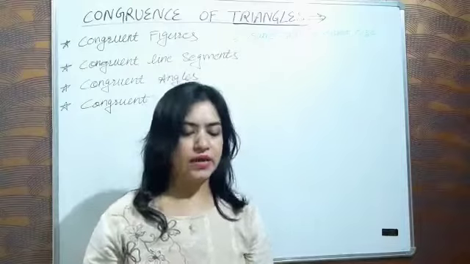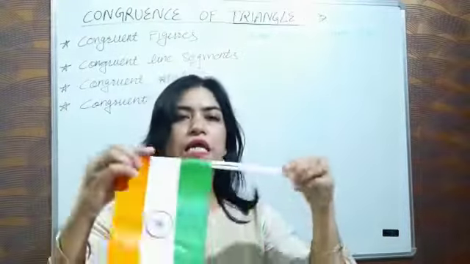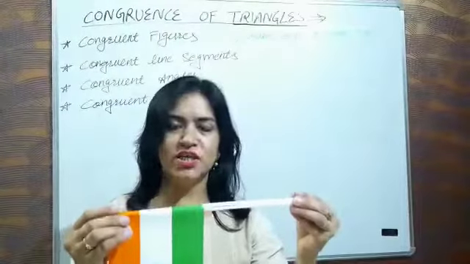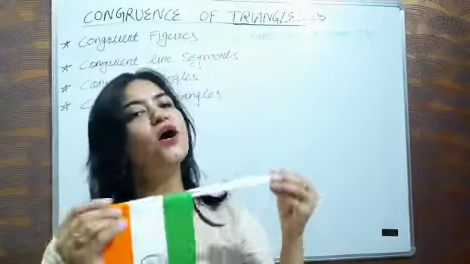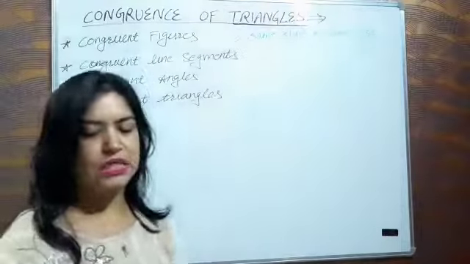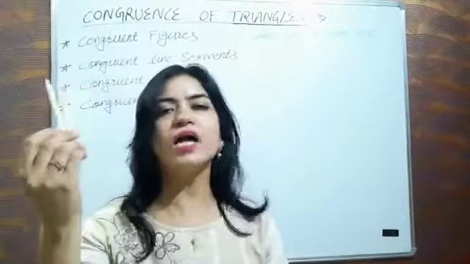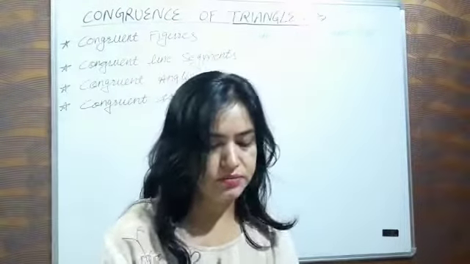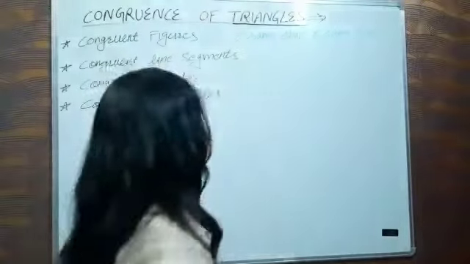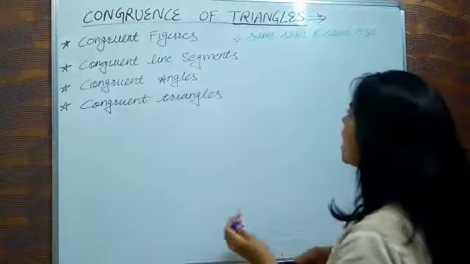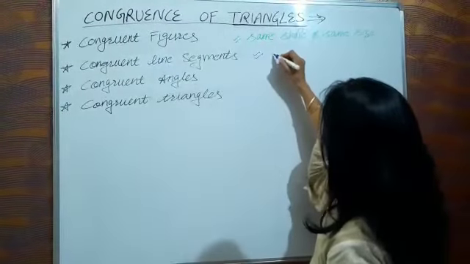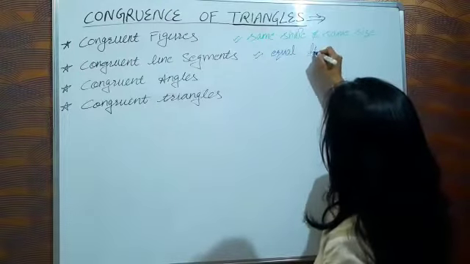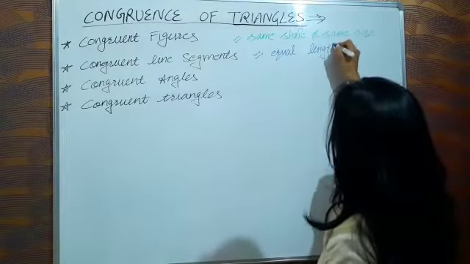So the line segments which are equal in length, they superimpose each other, and these are called congruent line segments. These two line segments are not congruent because these are not equal in length. So we can write, if line segments are equal in length, then these line segments are congruent line segments.